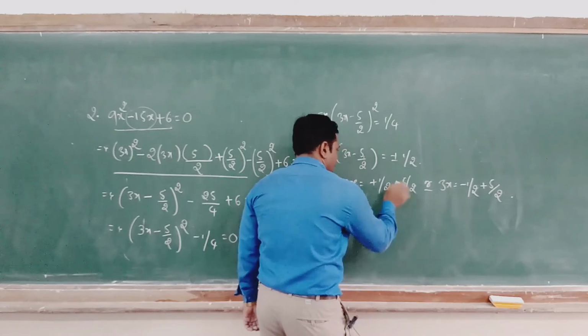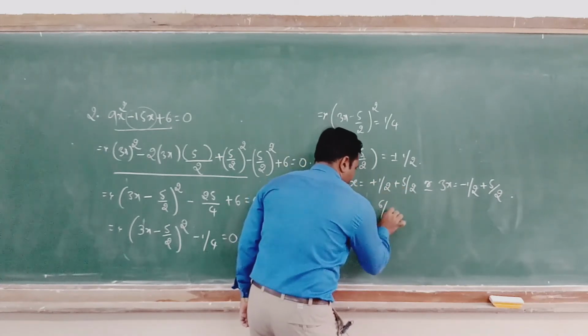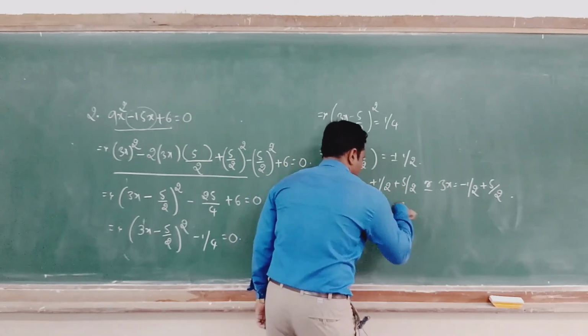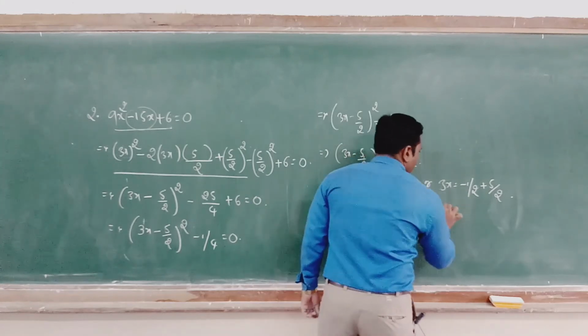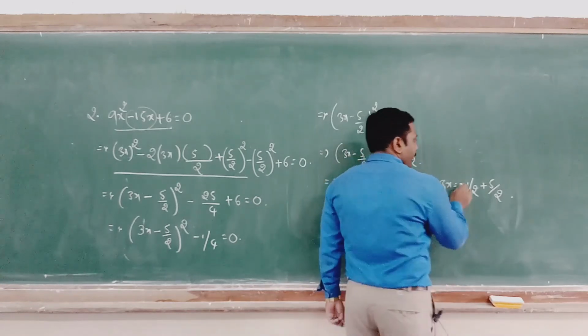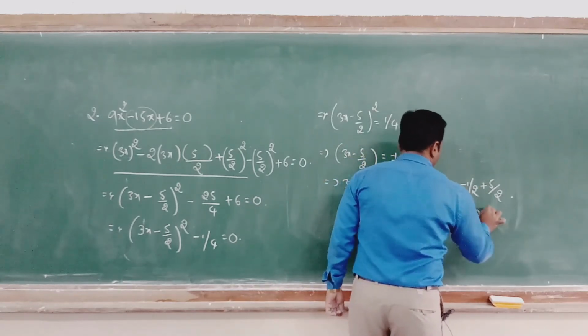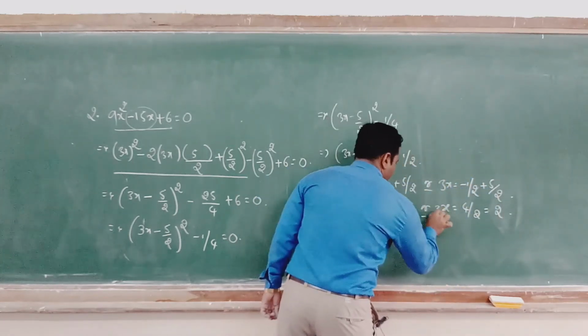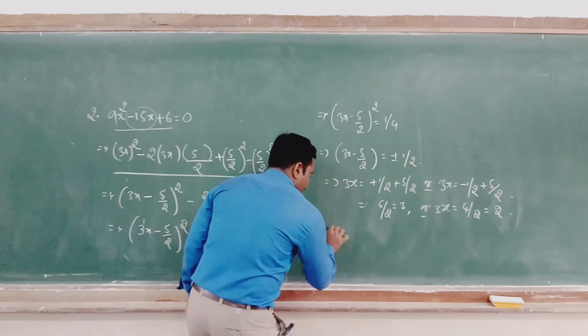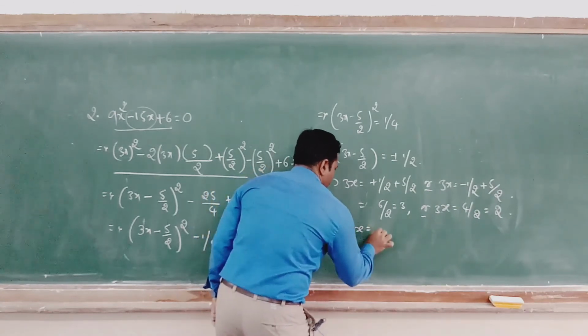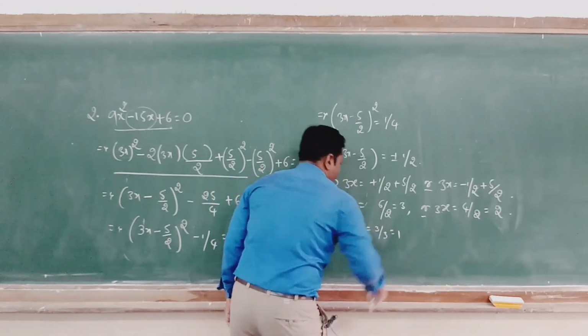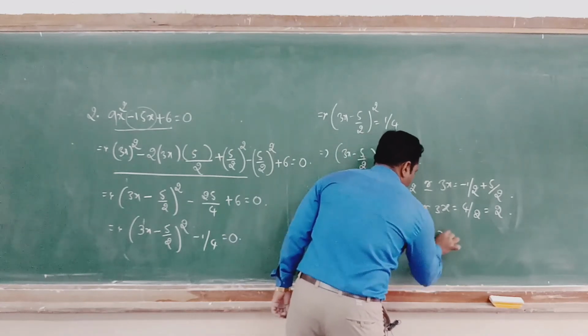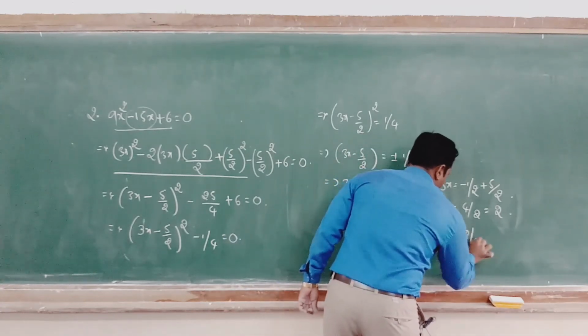Taking the LCM, 6 divided by 2 is 3, or 4/2 cancels, and we get 2. So 3x is equal to 3, that implies x is equal to 1, or 3x is equal to 2, x is equal to 2/3.